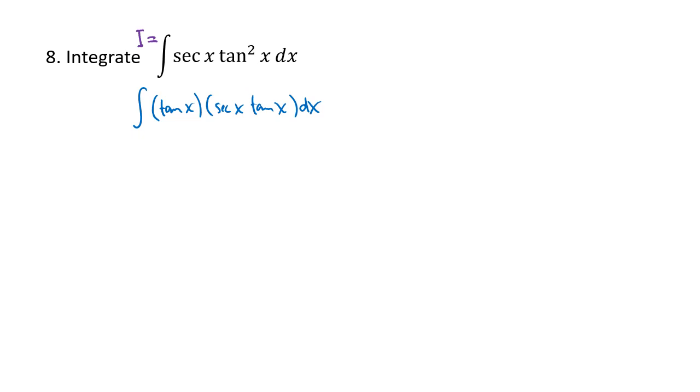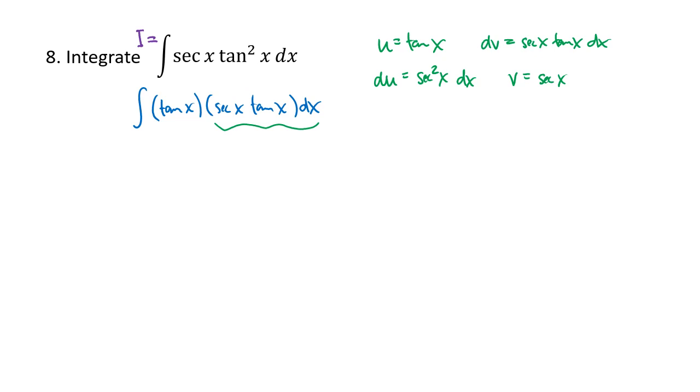And hopefully you recognize that secant of x times tangent of x is the derivative of secant. So if we use integration by parts here, we're going to let u equal the tangent of x, and dv equal secant of x tan of x dx. So du is the derivative of tan, which is secant squared, and v is the antiderivative of secant x times tangent x, which is just secant of x.